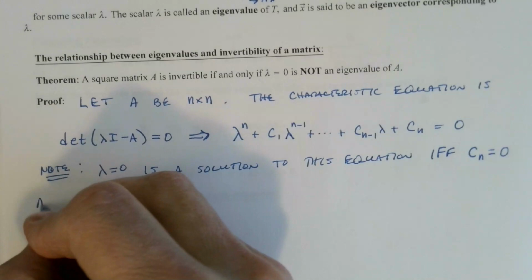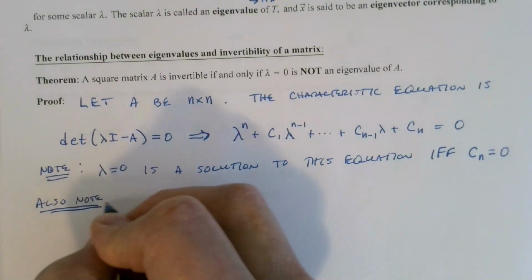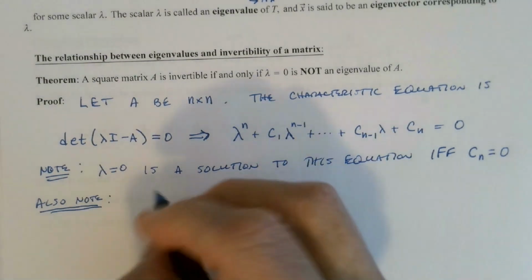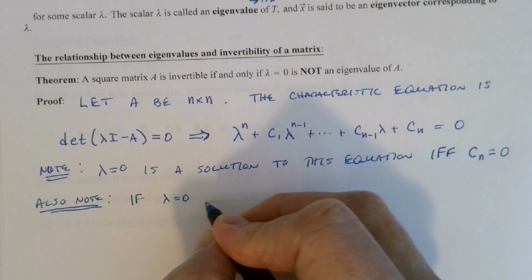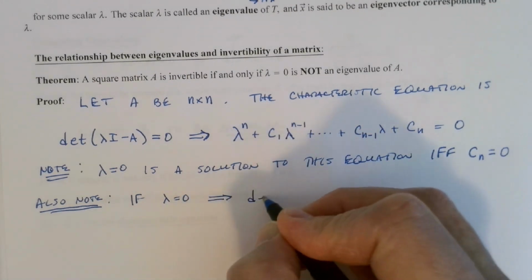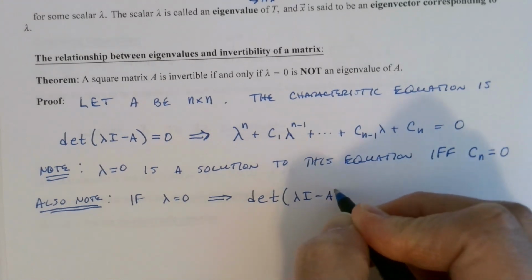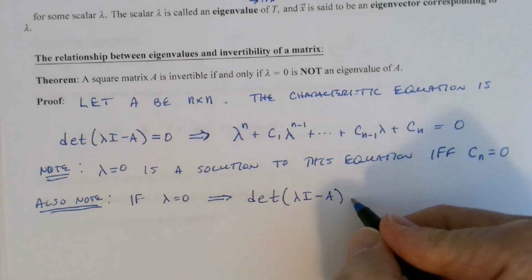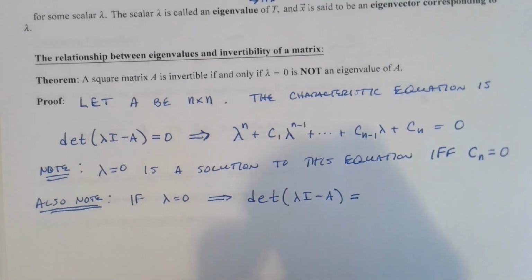Okay, also note, if, again, lambda equals 0, then the determinant of lambda I minus A equals what?